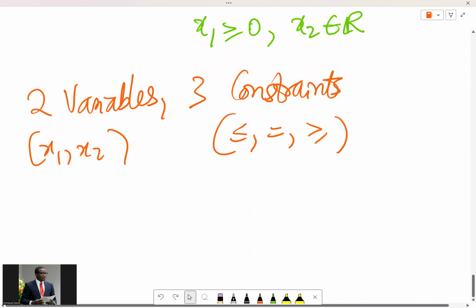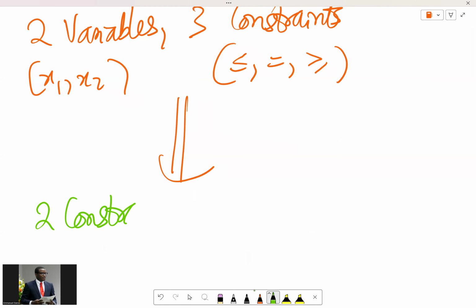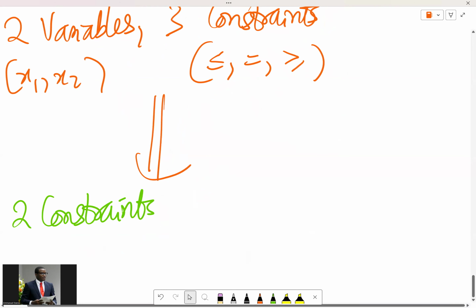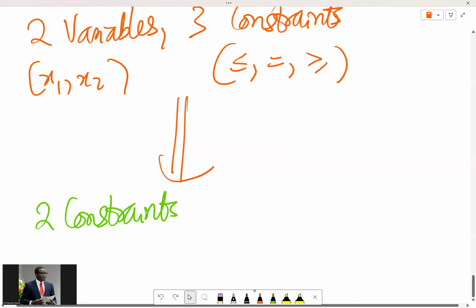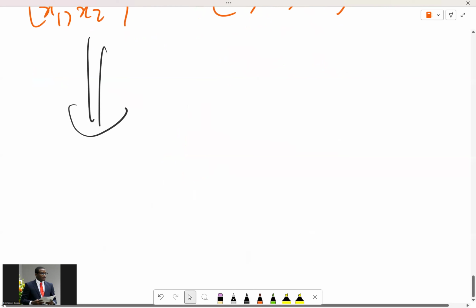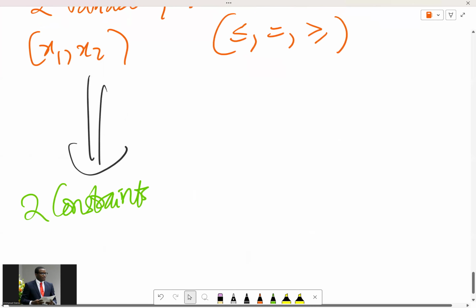So what it simply means is that when you go to the dual, two variables will result in two constraints, because the variables determine the type of constraints you have.